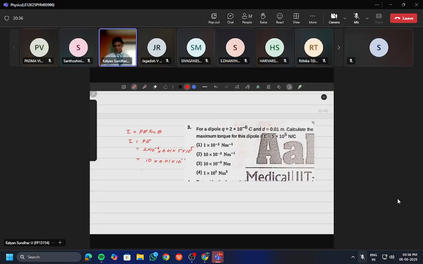Correct? So you'll be getting it as 10 into 10 to the power minus 3. And the next thing, both of these are the same option, but they have different units. The unit of torque is the Newton meter. So the answer will be option 3. Right? So option 3 will be your right answer.